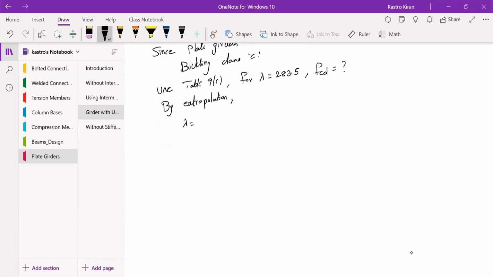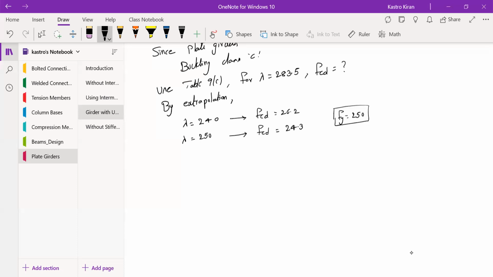For lambda equals 240, the FCD value is 26.2, and when lambda equals 250, the value of FCD is 24.3. And remember, in both cases the value of fy is 250. I'm not repeating this, because you know already.